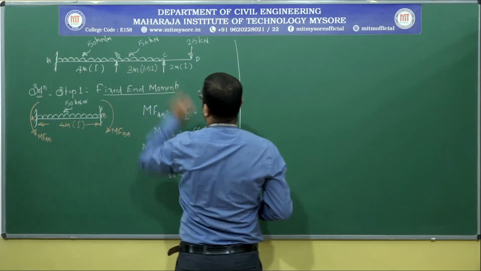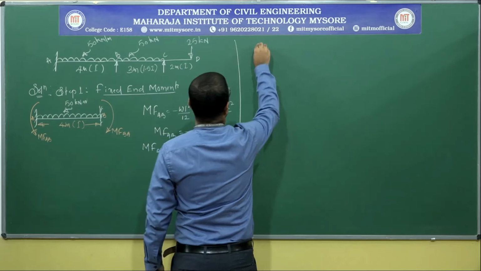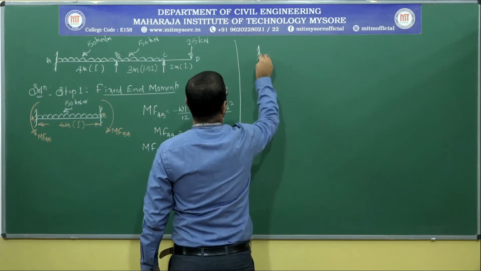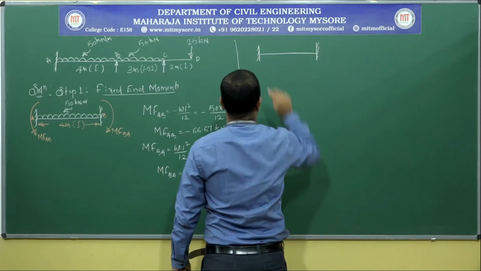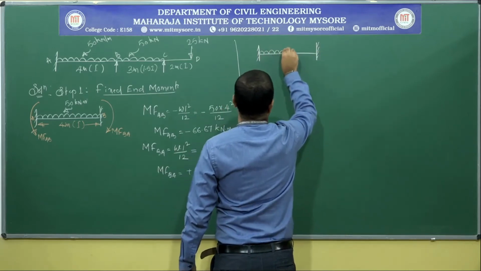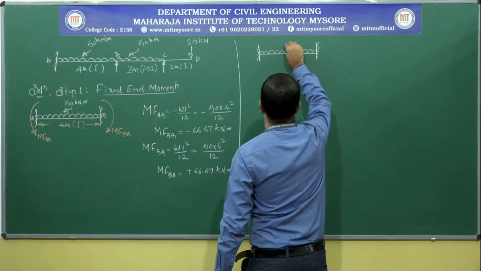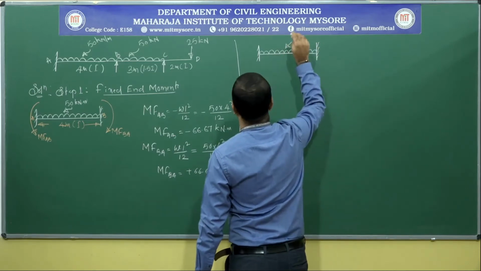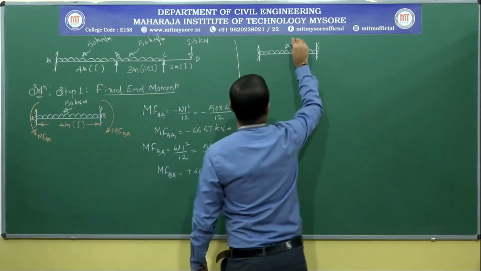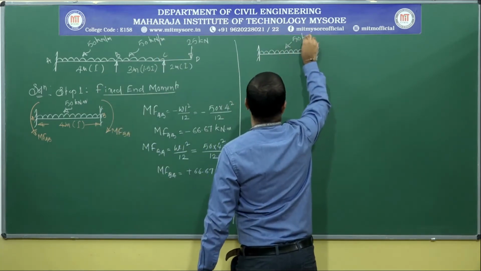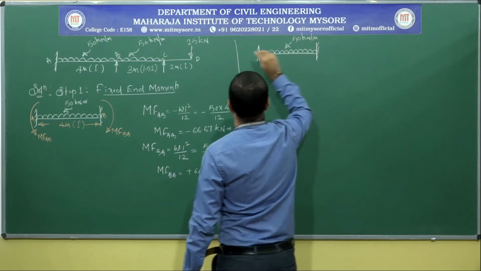Next, we have to repeat it for the span BC. For span BC also we need to assume both ends are fixed and we have to consider the loading as usual. The given loading is 50 kilonewtons per meter.